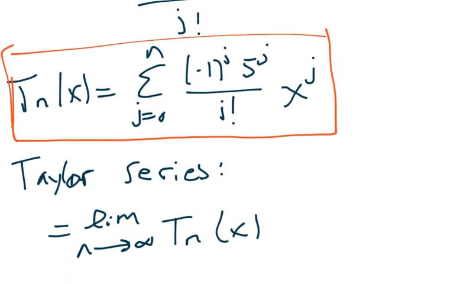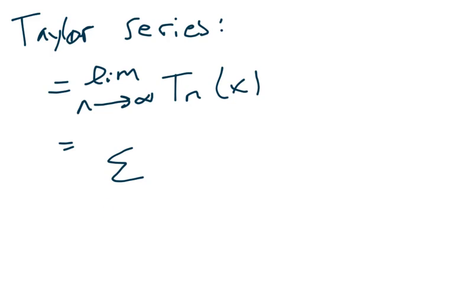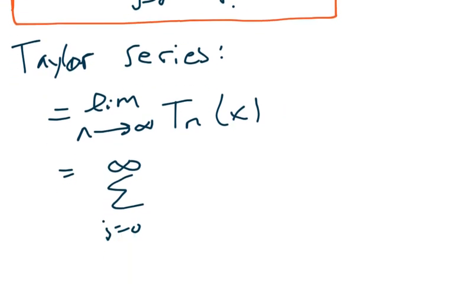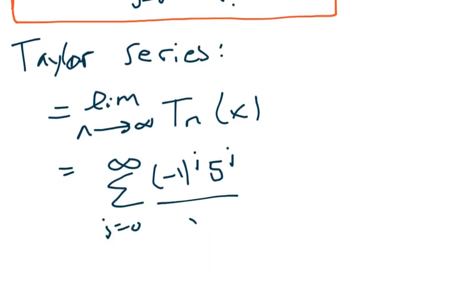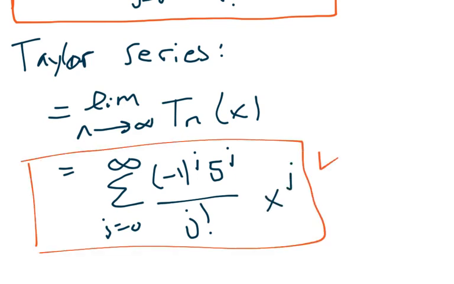Well, that's just making the upper bound of this sum infinity, j equals 0 to infinity. None of the stuff inside changes. Minus 1 to the j, 5 to the j over j factorial, x to the j. So this is also our Taylor series in summation notation, and we are done.